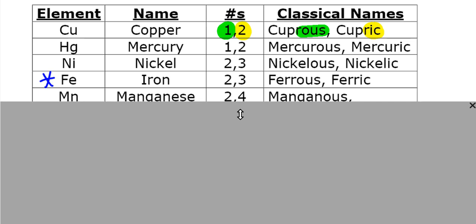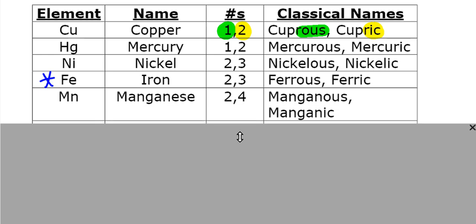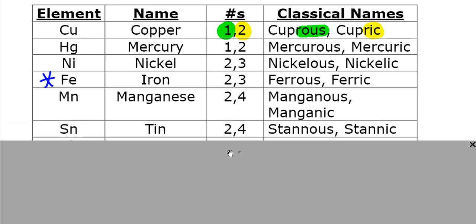If we continue going down, here's a couple more examples. Manganese can be manganous or manganic. Tin is another common one where the name changes quite a bit, so that one you'll want to be familiar with. Stannous or stannic.